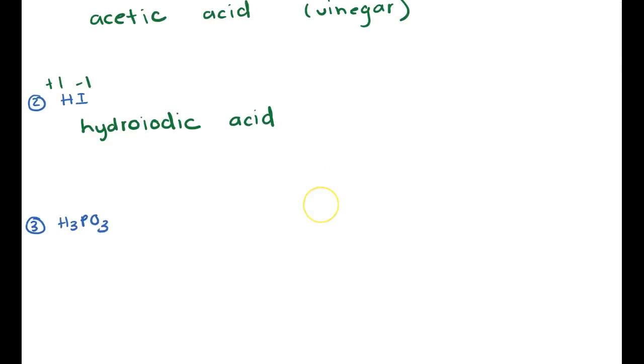The last example, we have phosphite. Since our ending is ite on this polyatomic ion, we want ous on our base name.